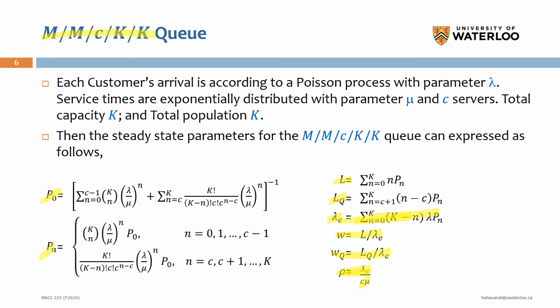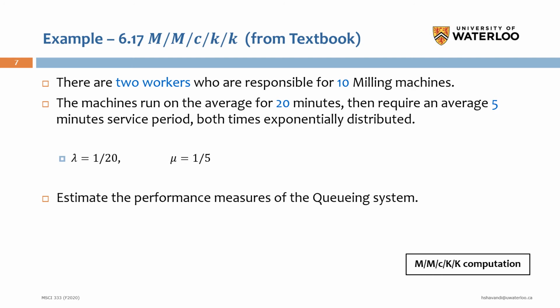Okay, so let's have an example for the M/M/C/K/K model. Here we assume that we have 2 workers, so this means the number of servers is 2, right? C equals 2, and we have 10 machines. So here the number of machines actually mentions that the calling population is finite.